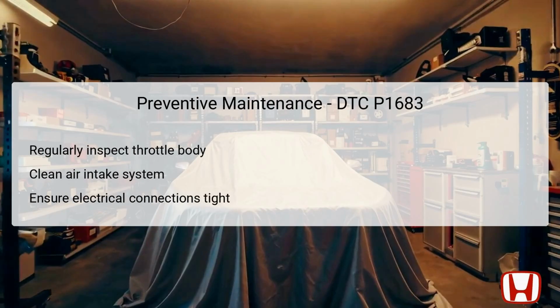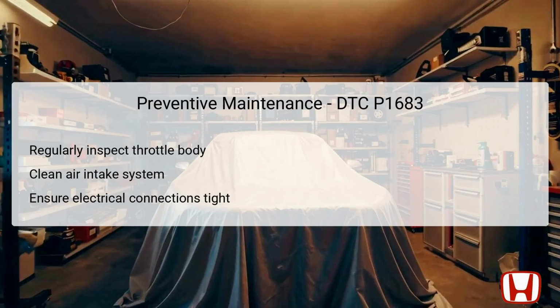To prevent future occurrences of DTC P1683, it is essential to incorporate regular maintenance of the throttle body and related components. Routine inspections of the throttle body will help in identifying any potential issues before they escalate. Cleaning the air intake system routinely can prevent carbon buildup and other deposits that may inhibit the throttle valve's performance.